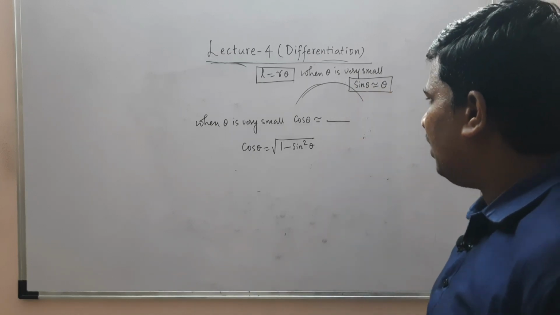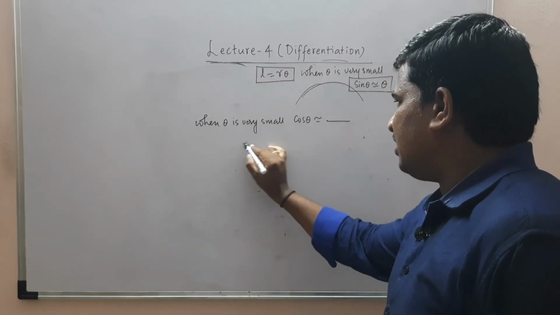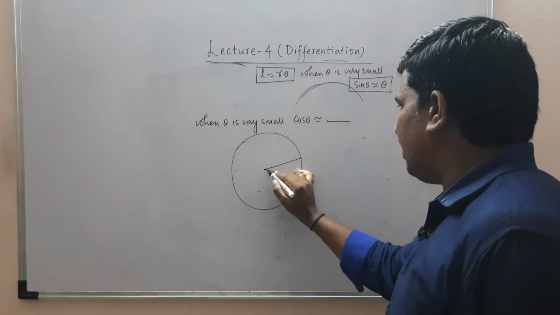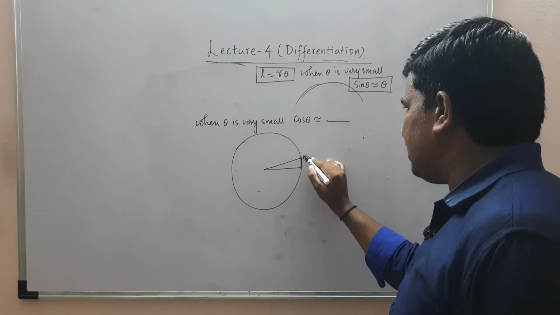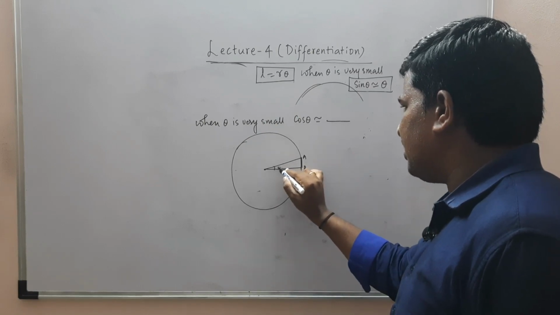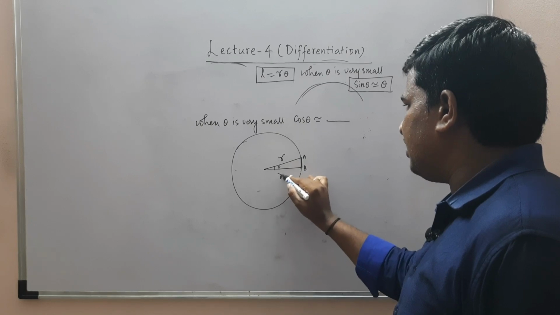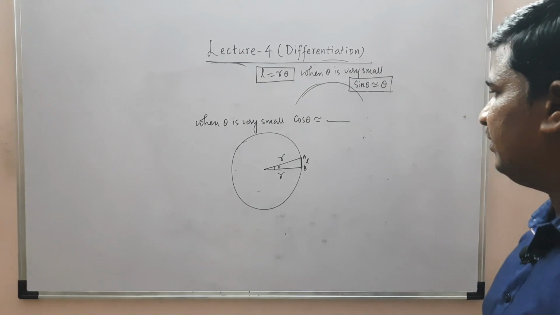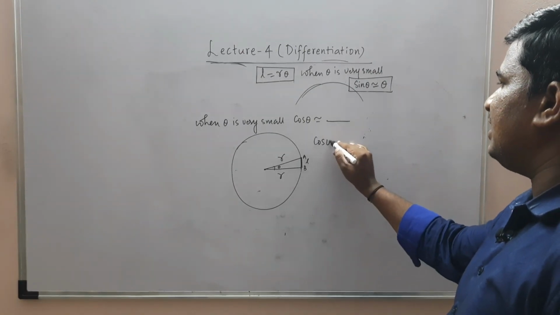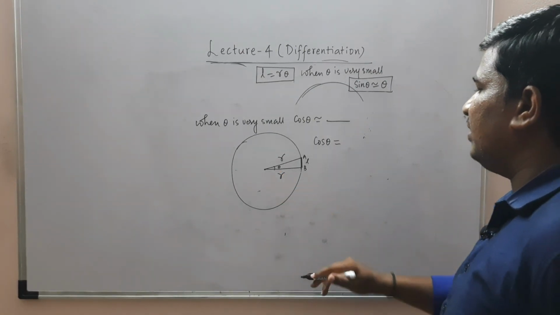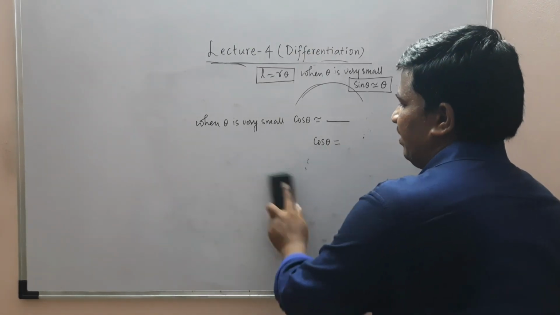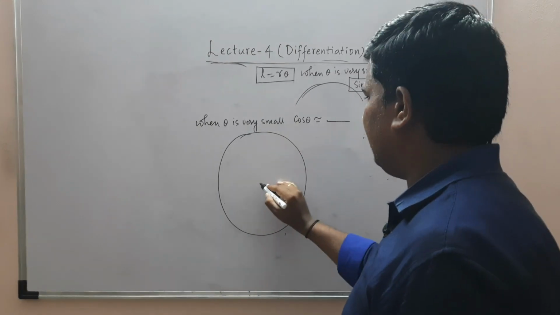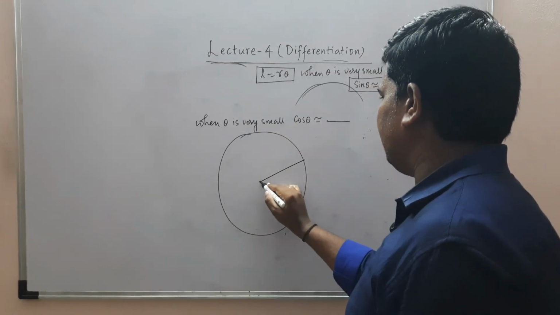Now let me explain it this way. Let us consider the same circle. Here we have AB, this is theta, this is R, this is R, and this is L. Cos theta is the adjacent side to theta by the hypotenuse.